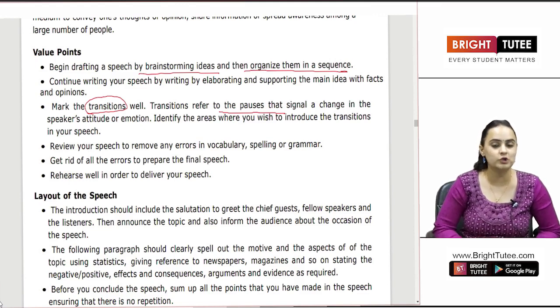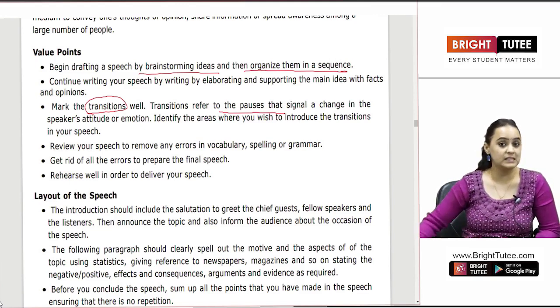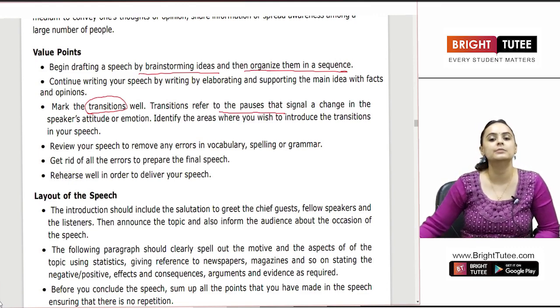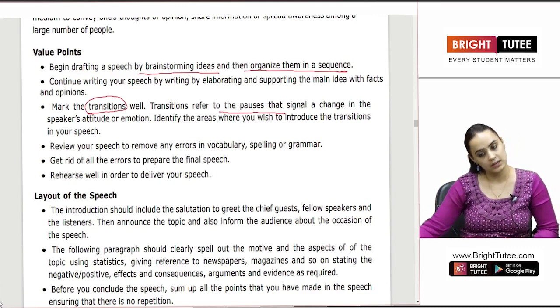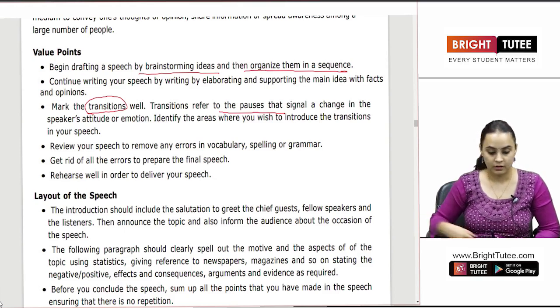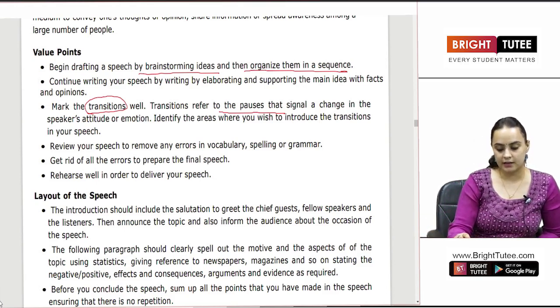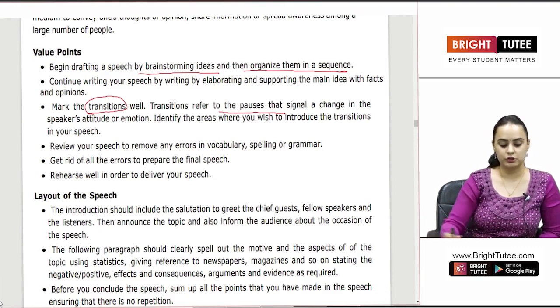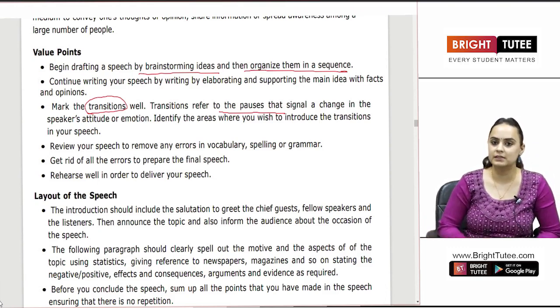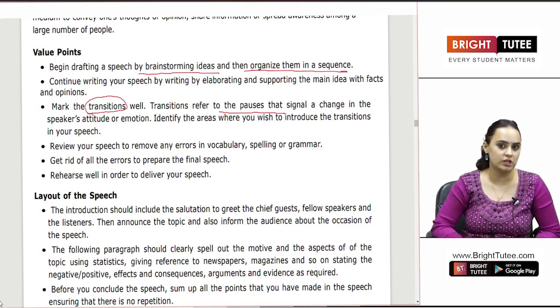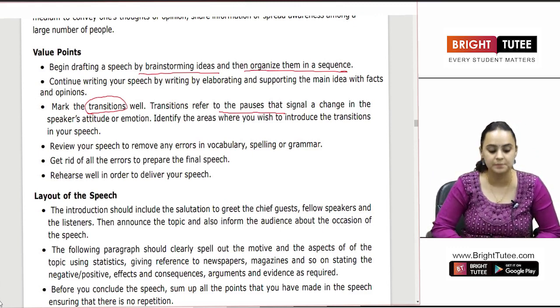Rather, these pauses should be such that they hardly make any impact on the listener. So, identify the areas where you wish to introduce the transition in your speech.